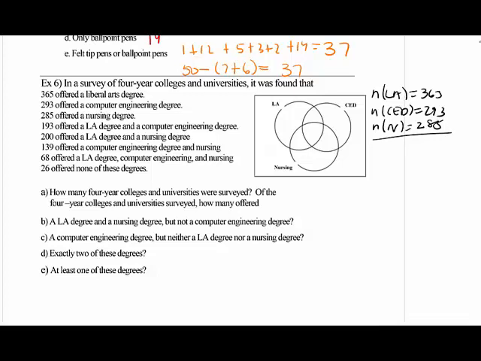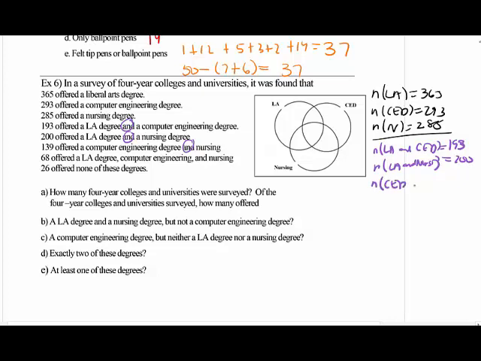So now I'm looking at using the word and, which is again looking at pairs together. So liberal arts and computer engineering degree is 193. Liberal arts and nursing is 200.